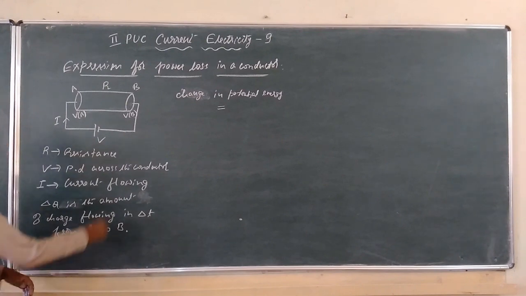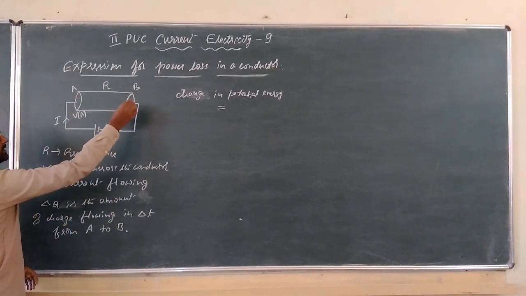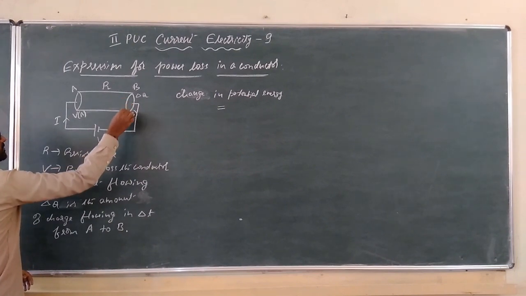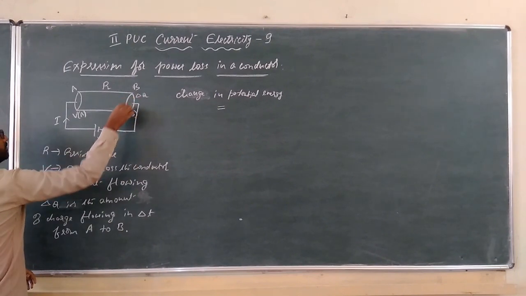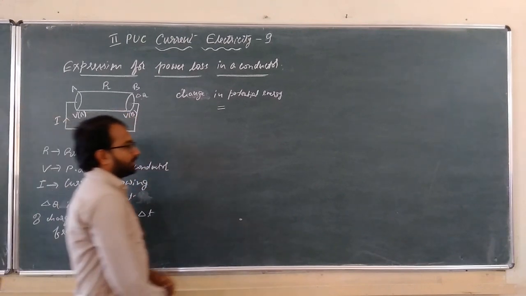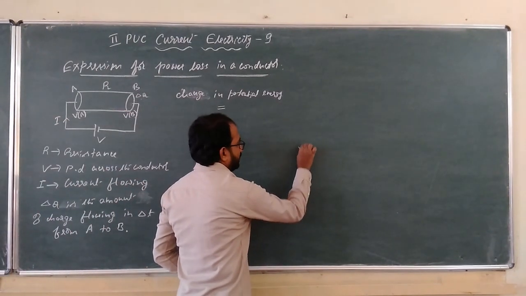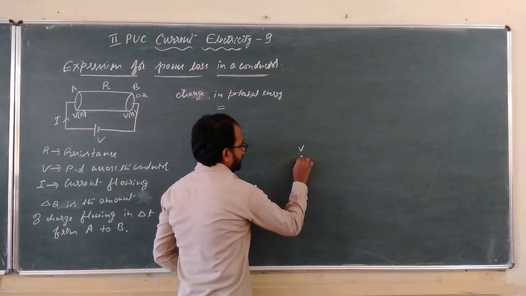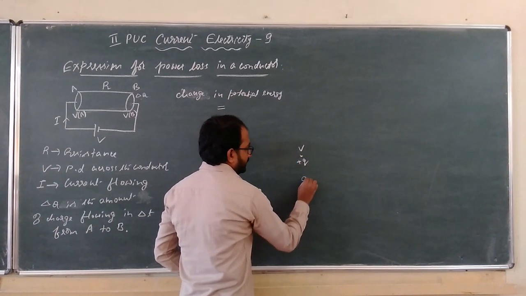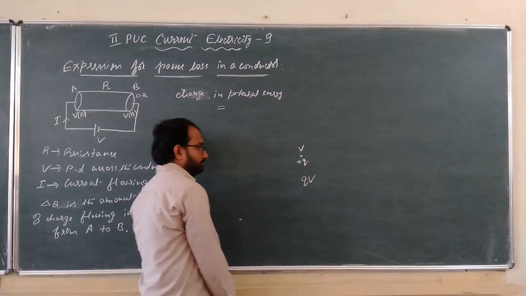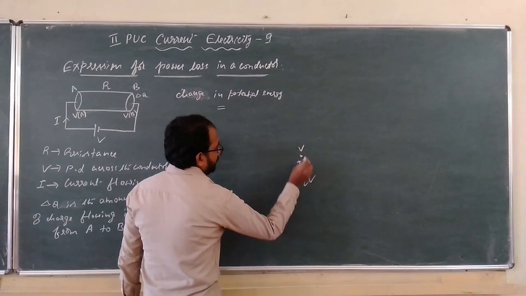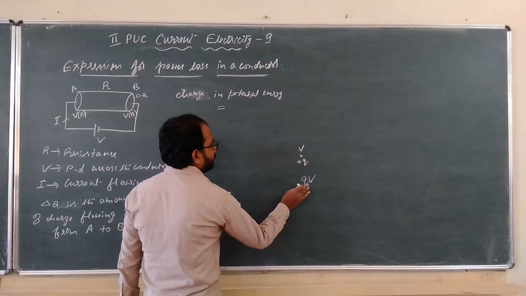How do we calculate potential energy at this end or this end? The amount of charge flowing is delta Q, and the potential at this point is VB. So you multiply delta Q with VB. Say the potential at this point is V. If I place a charge Q here, the potential energy of the charge at this point is Q into V, because potential at a point is nothing but the potential energy of a unit positive charge.